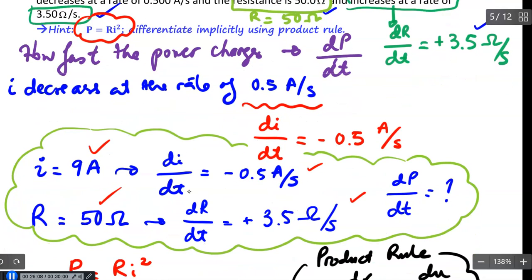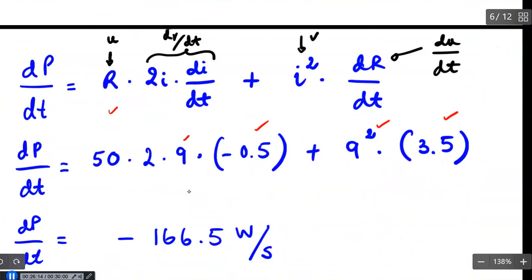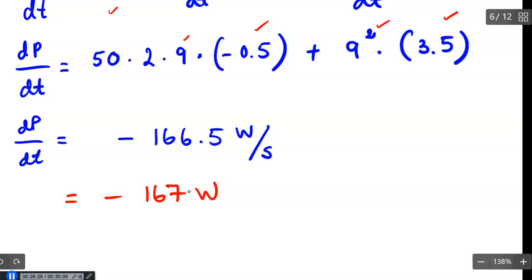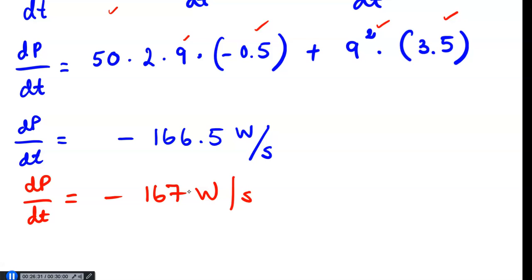So the final unit for this should be watts per second. And I need to round this to 3 significant digits. So in 3 significant digits, I should have negative 167 watts per second.